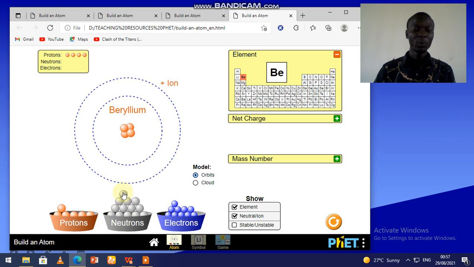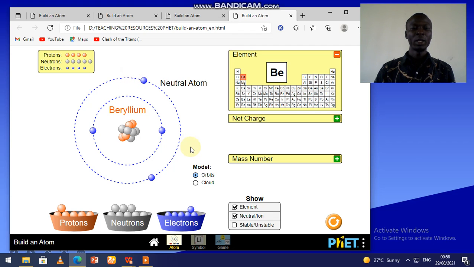So these are neutrons. 1, 2, 3, 4, and 5. Then how many electrons did we say are there? We said they are also 4, since the number of protons is 4. So these are electrons. 1, 2, okay, 3, and 4. So let me space these ones.